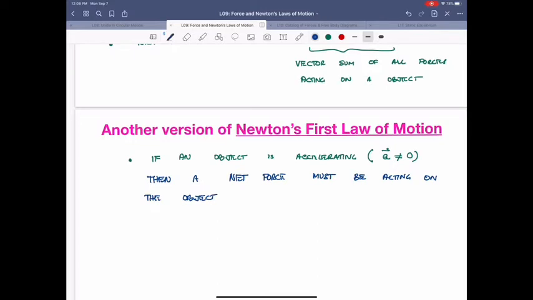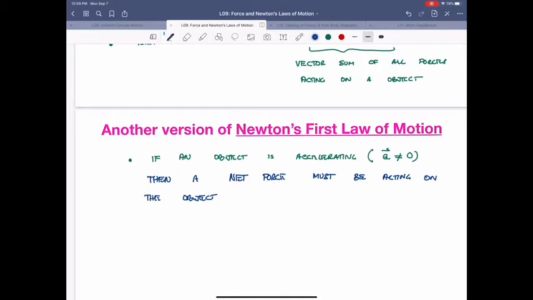So if you see that an object is accelerating, what you do is you go ahead and figure out all the forces that are actually acting on the object. Then you take the sum of all these forces. Again, when I use the word sum, I mean the vector sum of all the forces.